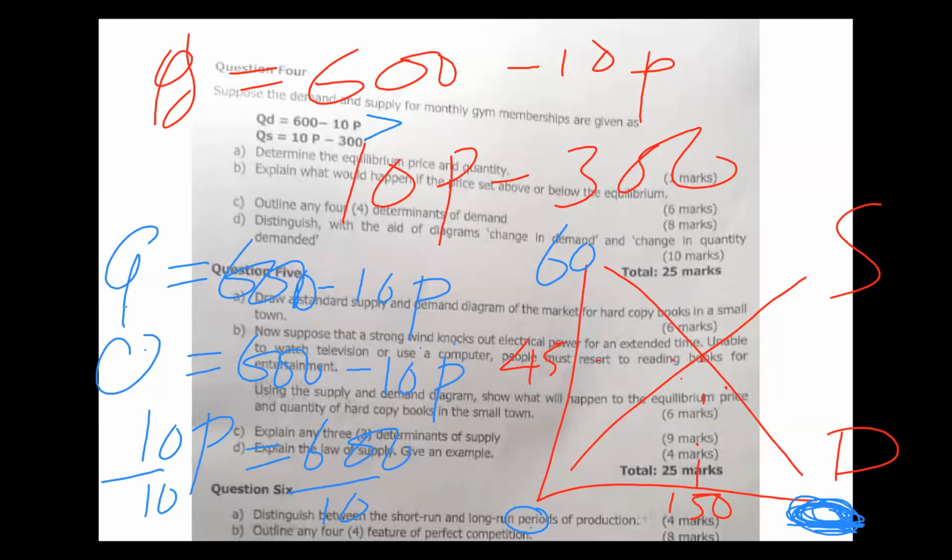You have found the equilibrium quantity and price. Then you also need the intercepts on the price and on the quantity. I've done the price. To find the price, you just set the quantity equal to 0 in the demand equation and solve it. Making P the subject of the formula, we found P equals 60. Any question?